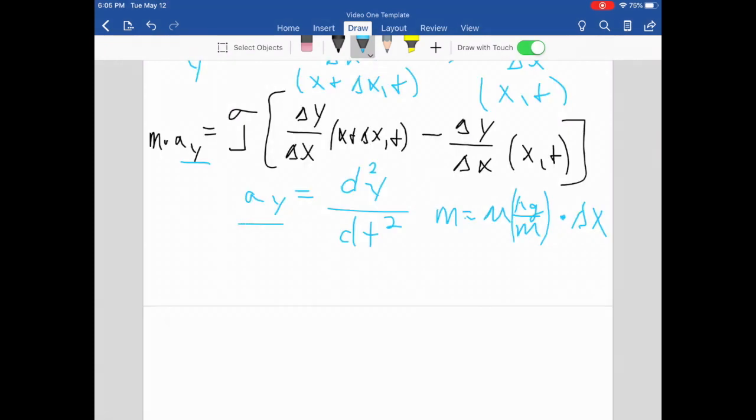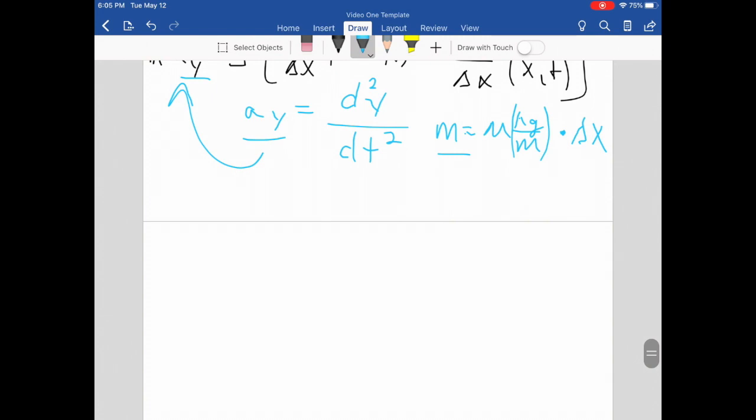And now we can plug in these two new terms into our above expression. So going ahead and doing that, we can see what our expression would look like. On the left side we would have d squared y over dt squared times the equivalence for mass, which is mu times delta x.